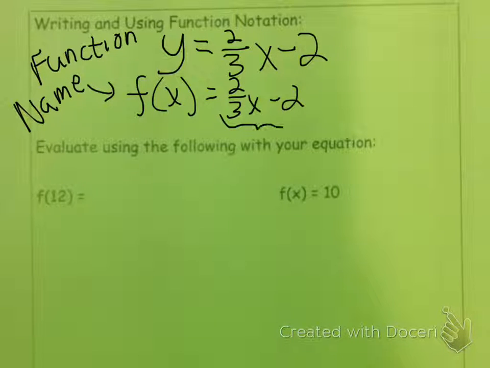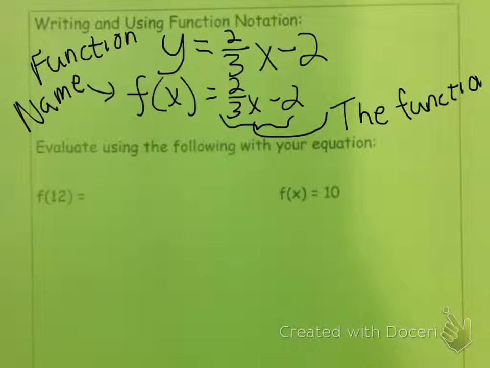And this right here was what we called the function. And let's go ahead and put a box or circle around this, because this is our function notation right here.